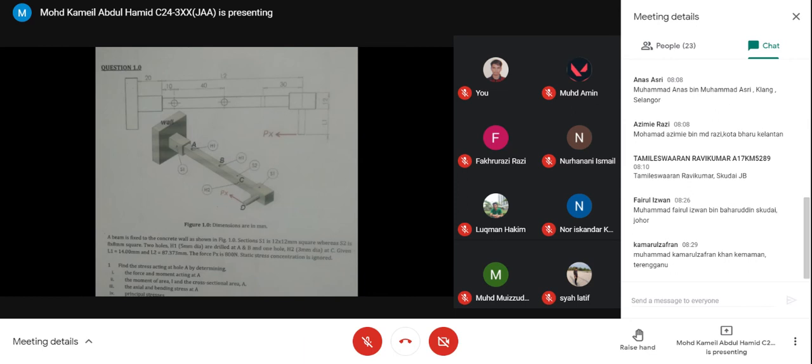Okay, find the stress acting at hole A by determining the force and moment acting at A, the moment of area I and the cross-sectional area of A, the axial and bending stress at A, principal stresses. Okay, ni semua find kat A dulu.